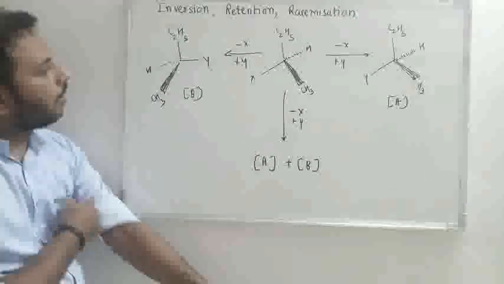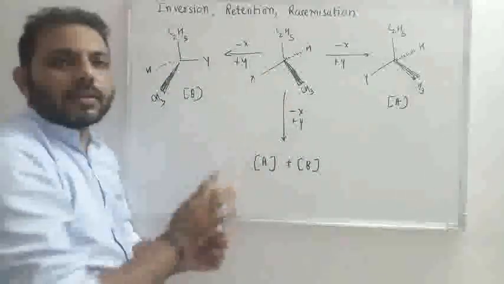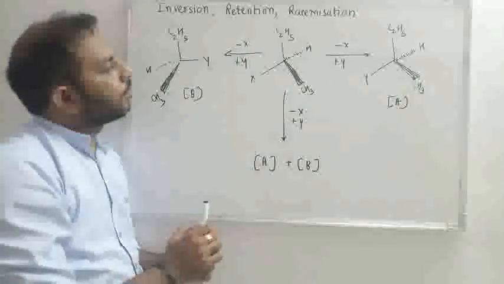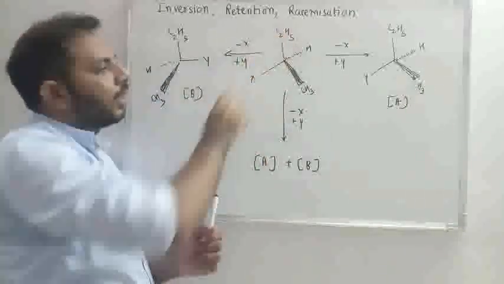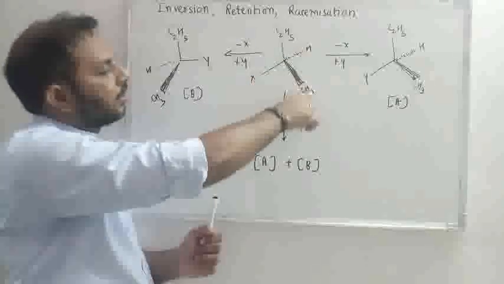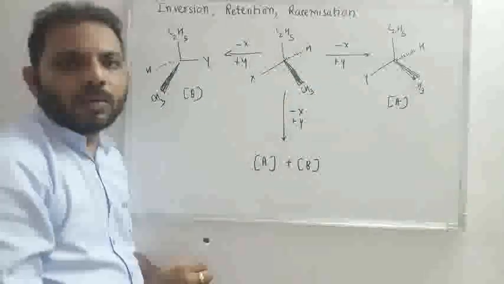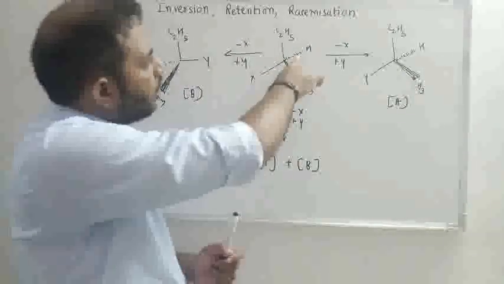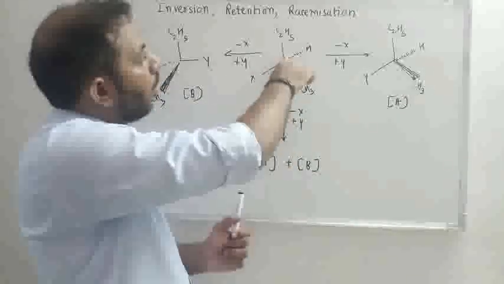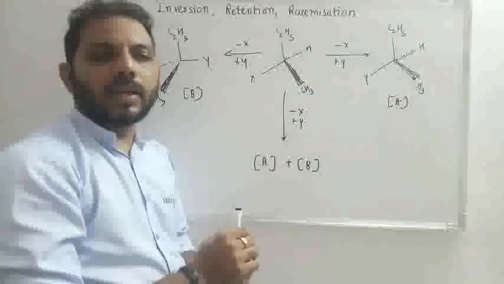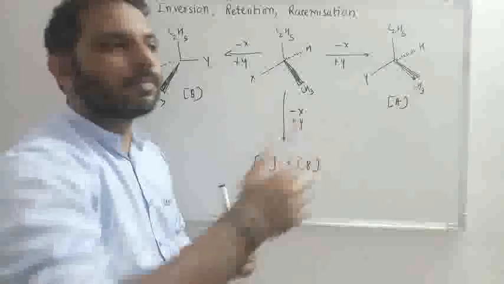Look at the structure. Here C2H5, hydrogen is there, CH3 and X. Now understand this sign. If a dotted line is there, it means the atom is away from the observer.